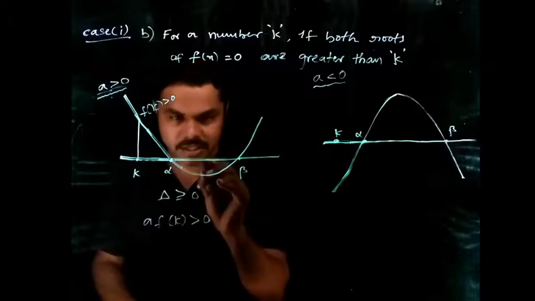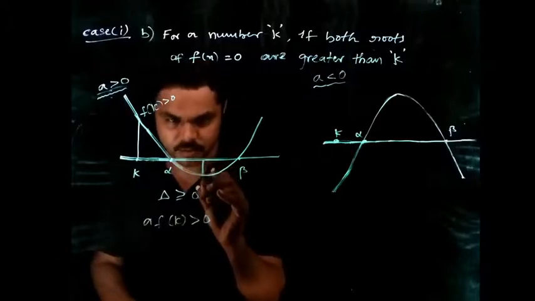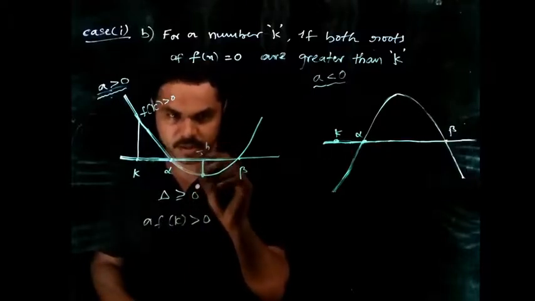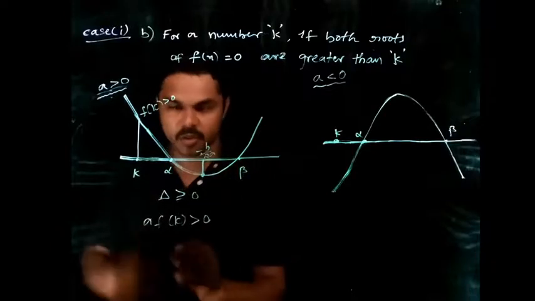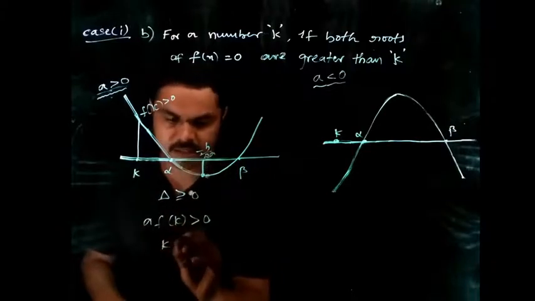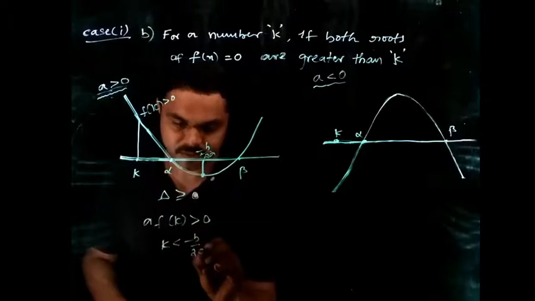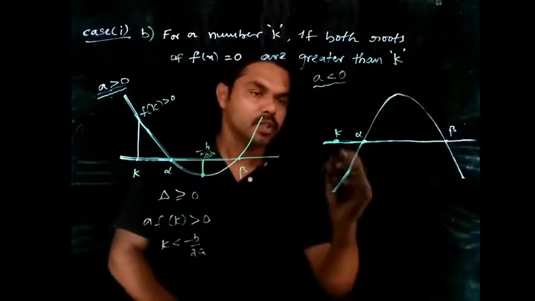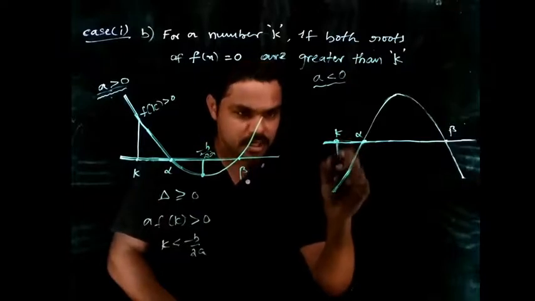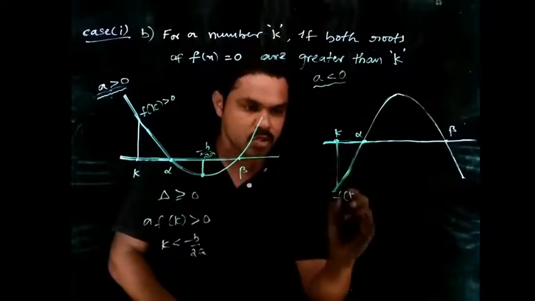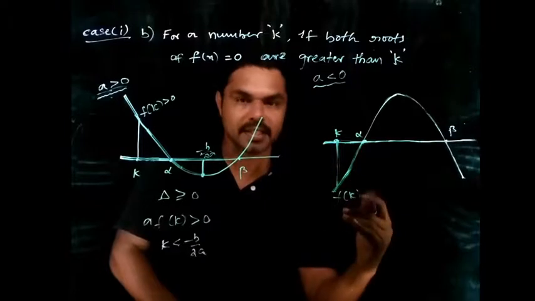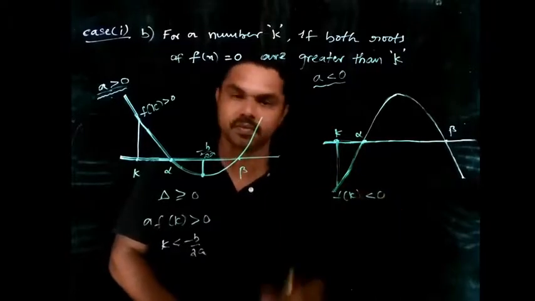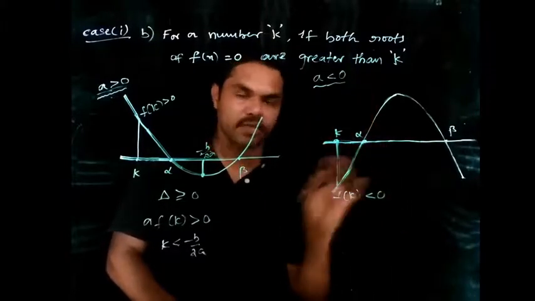And this is the minus b by 2a position because it is the vertex. So the k value is less than minus b by 2a here. These three are the conditions. Coming to the other graph, if you take k here, this will be f(k). Here f(k) is below the x-axis, so it is negative. a is negative and f(k) is negative, correct?